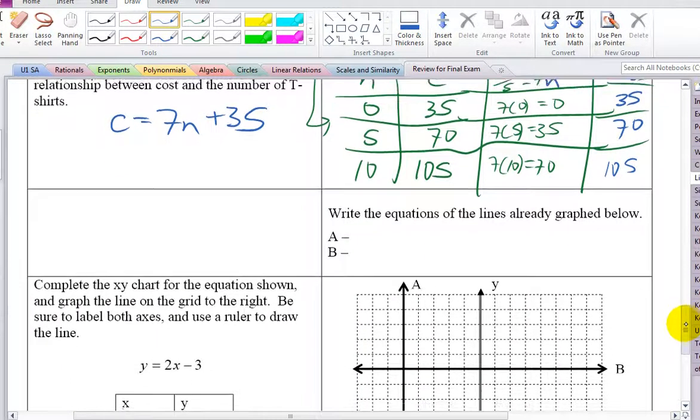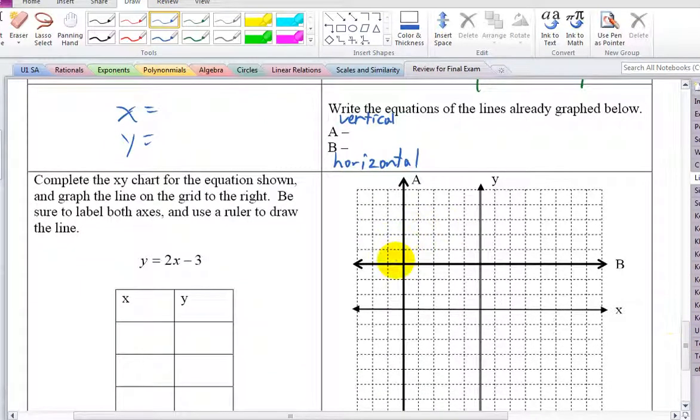Okay. So then we're going to switch a little bit. Now we have special lines. A and B are special. A is a vertical line, and B is a horizontal line. Now they're special. They're either x equals or y equals. So if you know it, great. If you don't, find these 3 points for A, and for B, find those 3 points. And that should help you make the equation, because you'll find one of the values doesn't change.